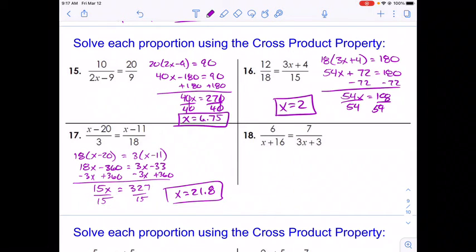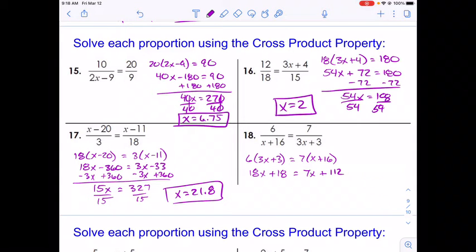Now, this one here, we're going to cross multiply, which is going to give us, 7 will make it larger. 3 times 6 gives me 18, so that'll be larger. So we're going to put 6 times 3x plus 3 on the left, 7 parentheses x plus 16 on the right. Distribute 18x plus 18, 7x plus, that should give me, what, 112.